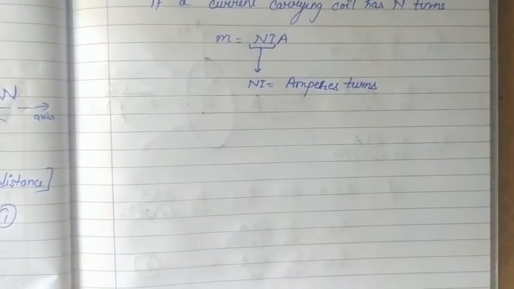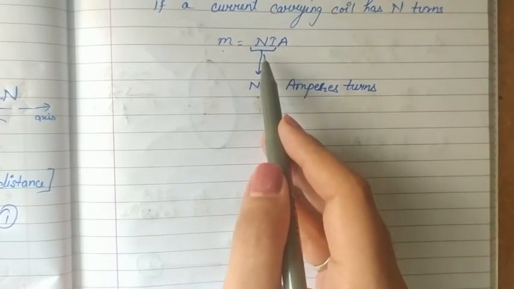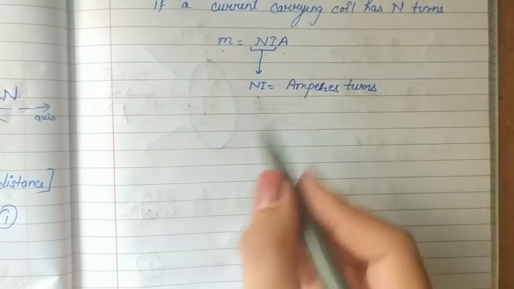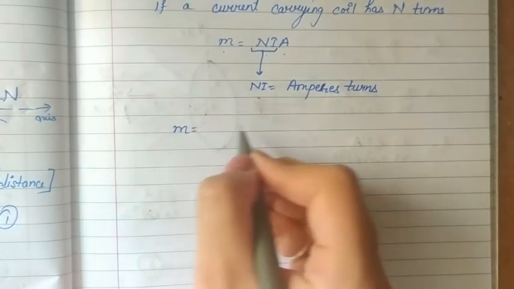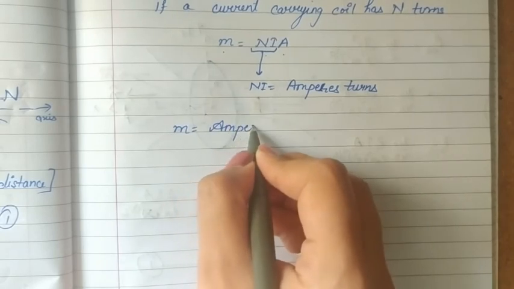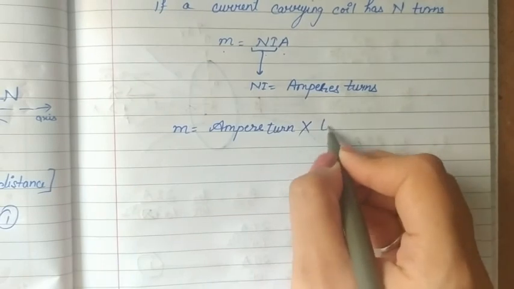We can write the magnetic dipole moment as the product of ampere turns into the area of the loop.